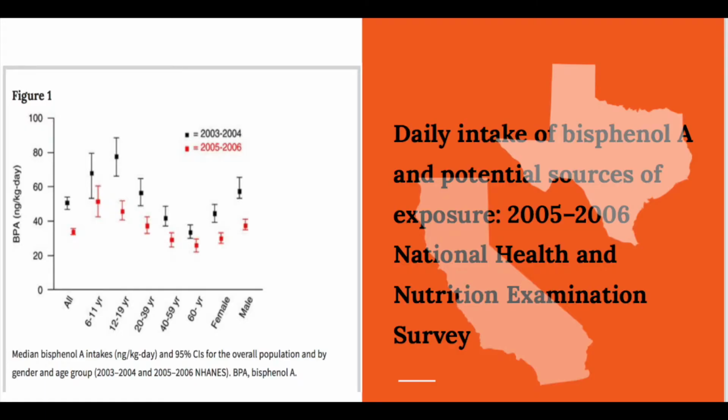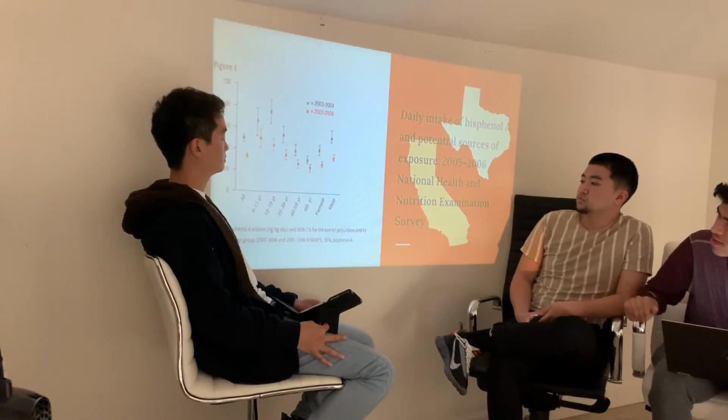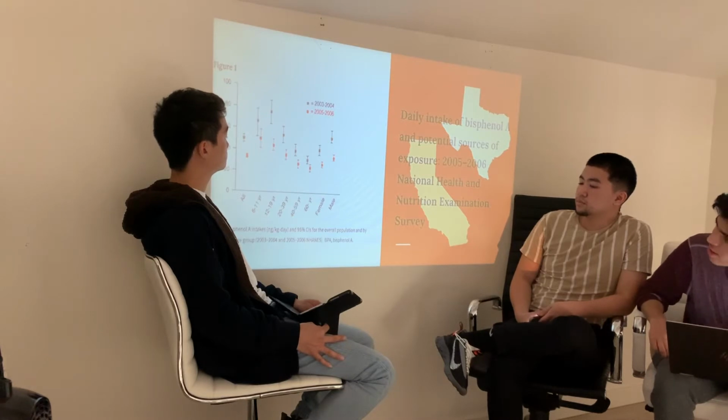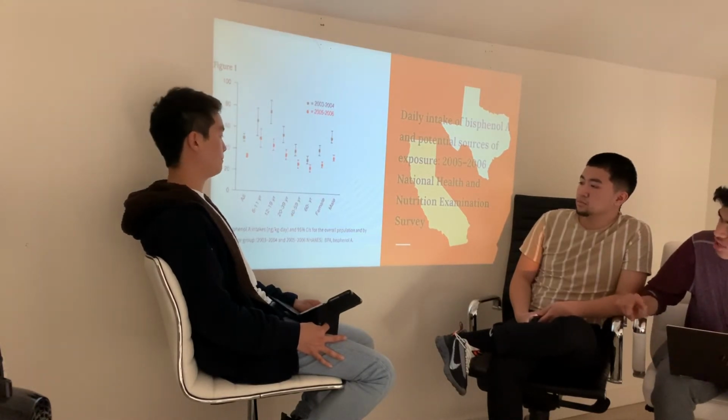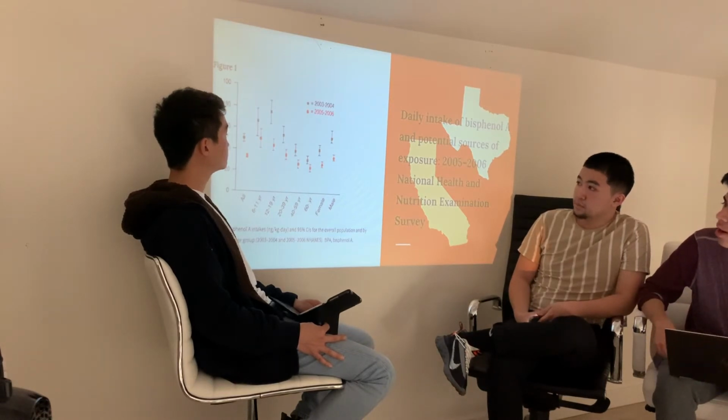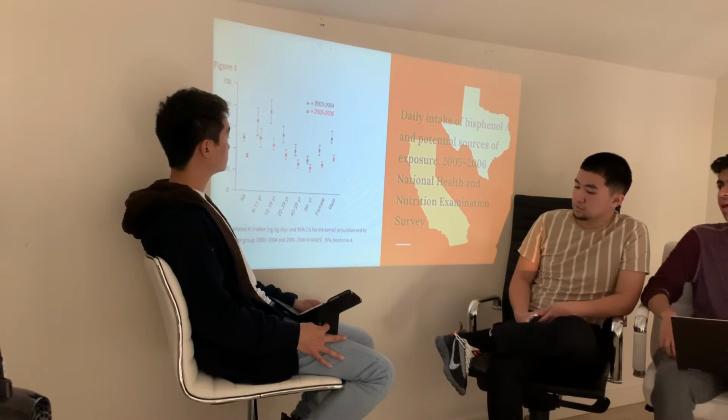We can see that as people age, their BPA levels in their urine decrease more and more, and there isn't much difference between males and females, but with age we especially see a large decrease in BPA exposure throughout their lives.